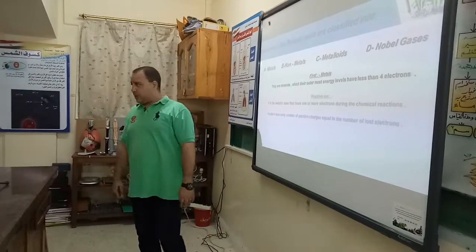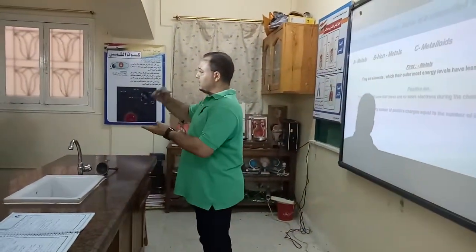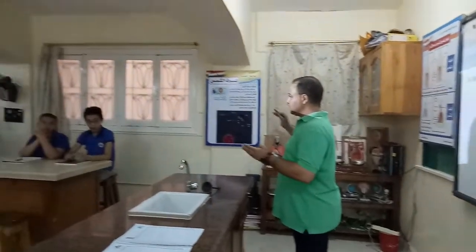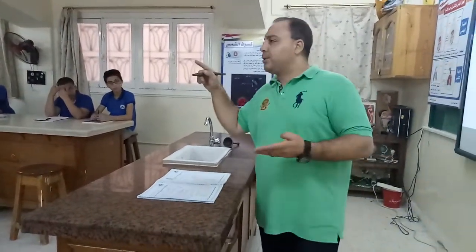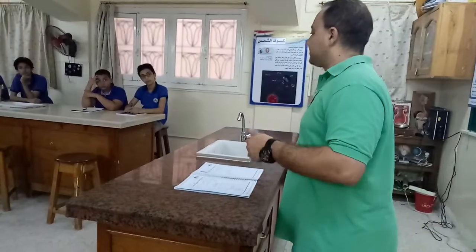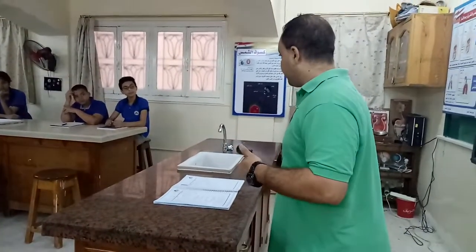As sodium. Sodium 11: 2, 8, 1. So it loses one electron, so it becomes a positive ion, monovalent. Magnesium 12: 2, 8, 2. So it loses two electrons and changes into a positive ion, magnesium positive 2, as it's a divalent element.